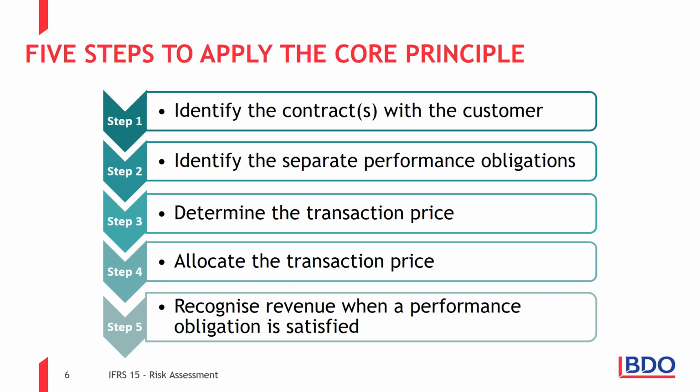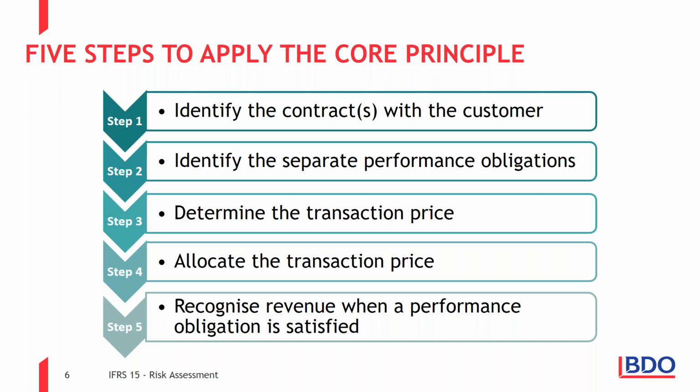As you know, IFRS 15 introduces a 5-step revenue recognition model, and we are going to work through those 5 steps today and specifically focus on how you do a risk assessment on how influential or how problematic the various steps will be for your organization.